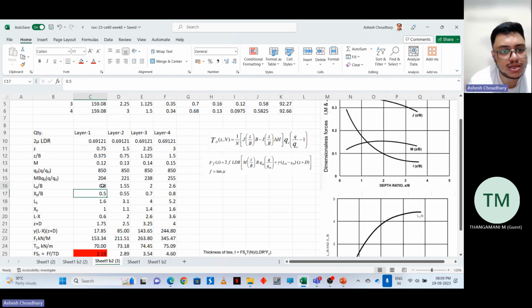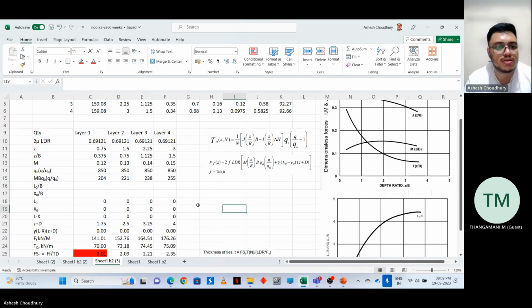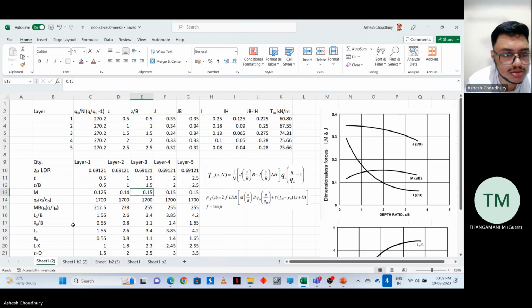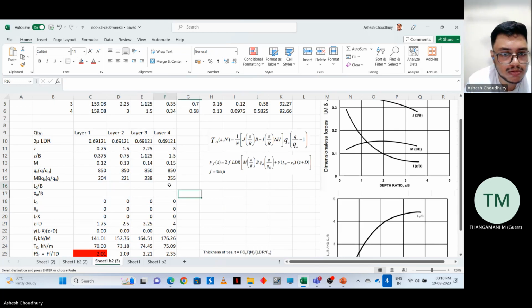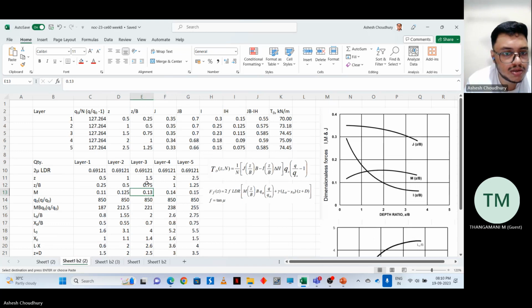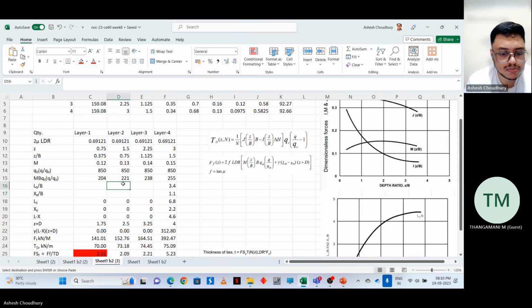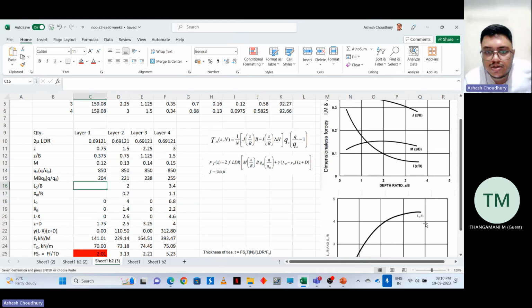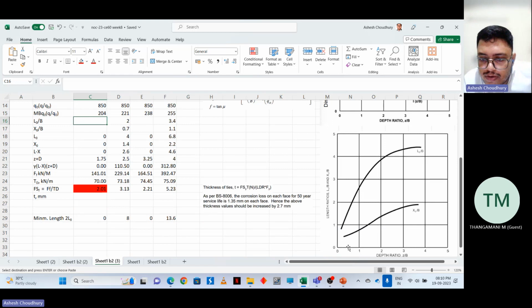Okay, again this L naught by B naught also you need to do again. That's for 0.375. This is 0.5. This is 0.4. So 0.5, approximately 0.5.